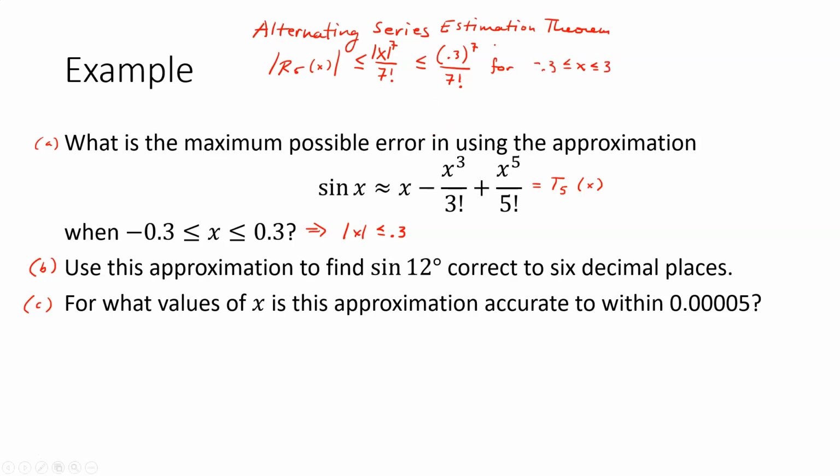And at this point I can evaluate that on my calculator to get a better idea of roughly how large that error is. So if I'm doing 0.3 to the power of 7, and then I divide by 7 factorial, I get something around 4.339 times 10 to the negative 8.